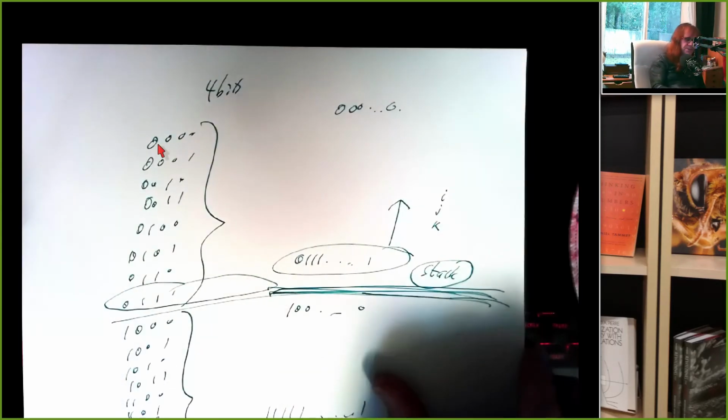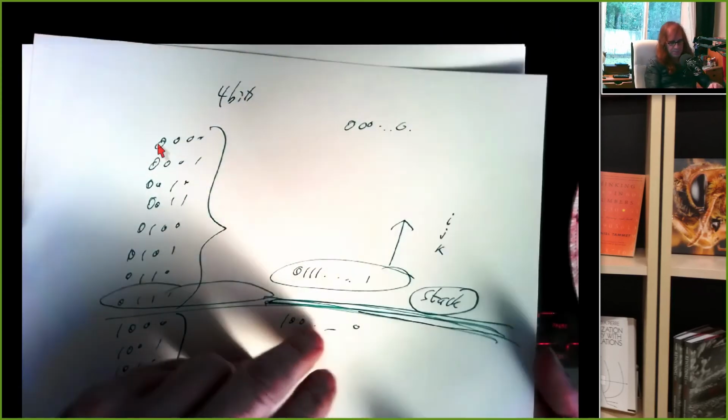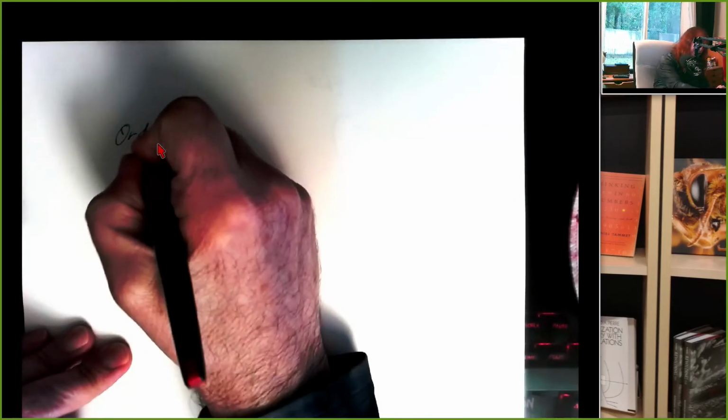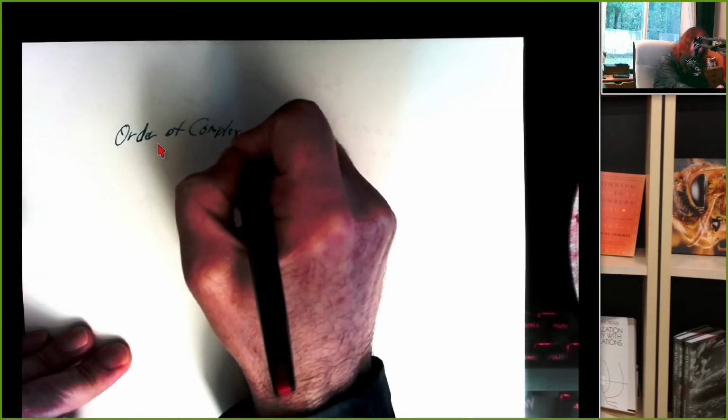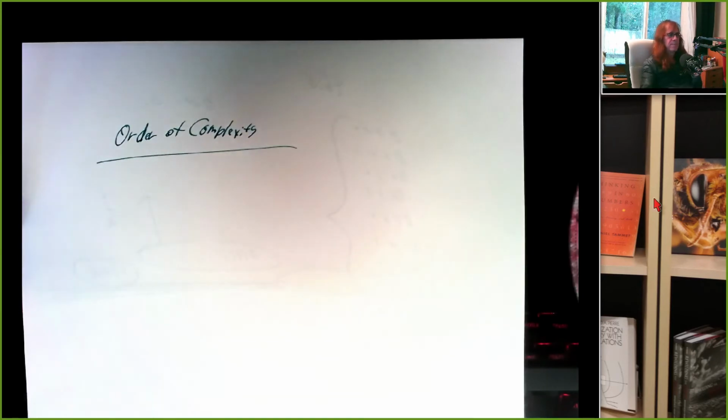But there's other reasons to want something more than an array. So let's talk about order of complexity. This is a topic we've touched on in other courses also. But the basic idea is, let's think about how complex certain operations are on a computer.